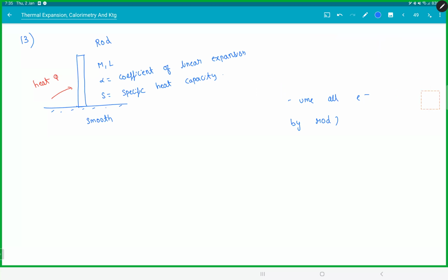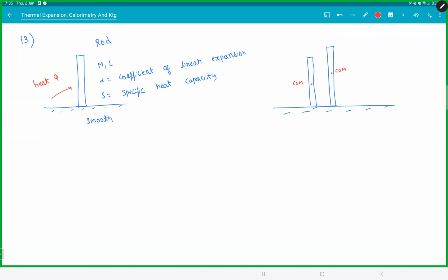When I give heat to this rod, it will expand, agreed? Now when it expands, look at the rod, how it looks. Initially this was the rod. Now the rod has become like this. Mass didn't change. But what happened to the center of mass? Center of mass has gone up a bit, isn't it?